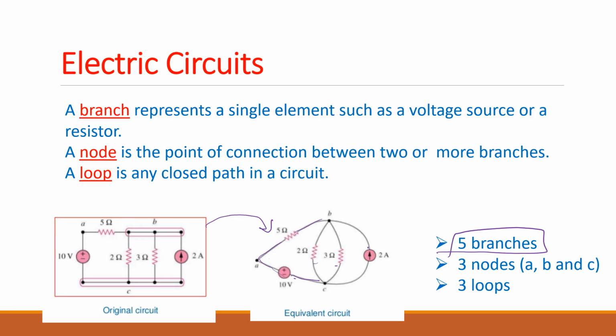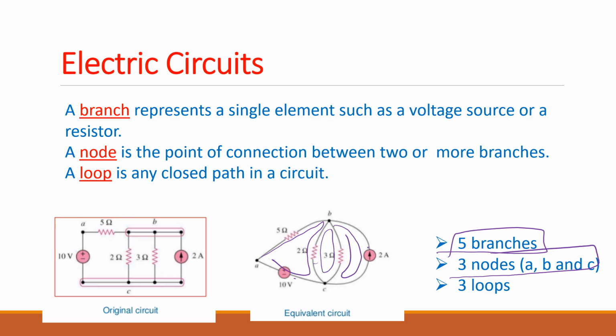So you can see here we have one node, 2, 3 nodes. And a loop is any closed path in a circuit. So we can see here one loop, 2, 3.